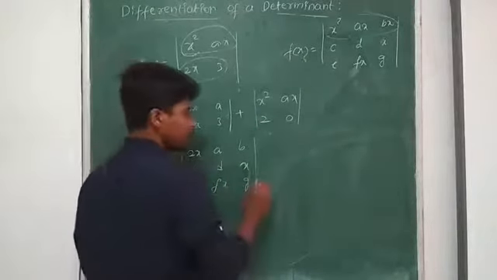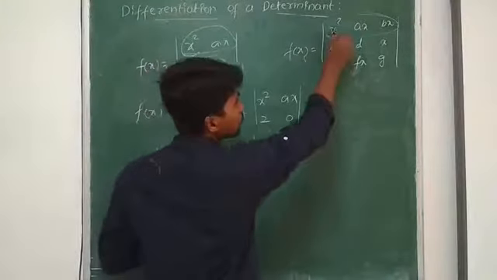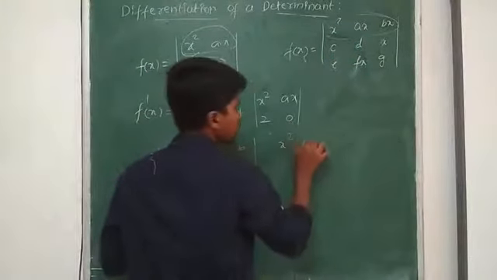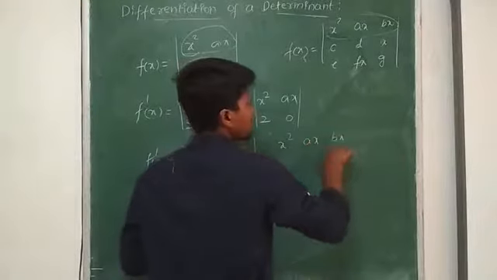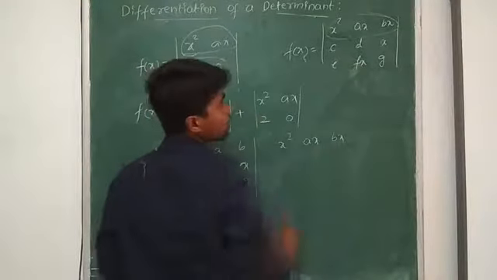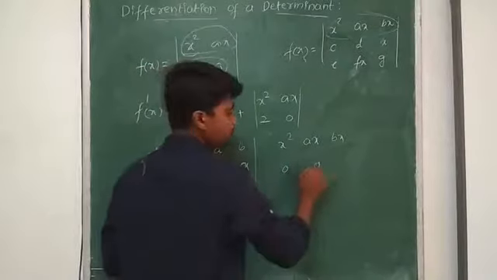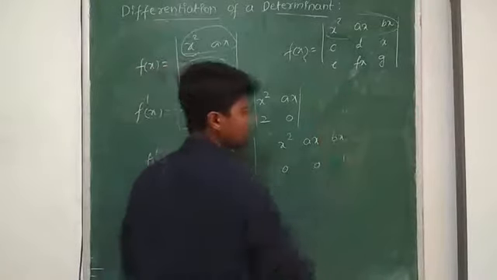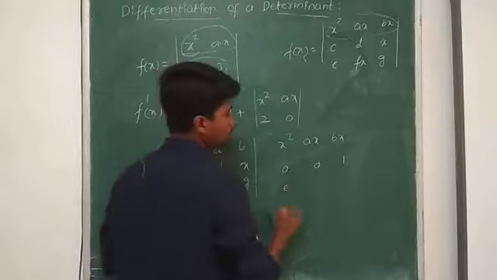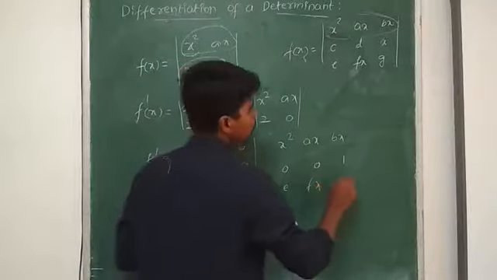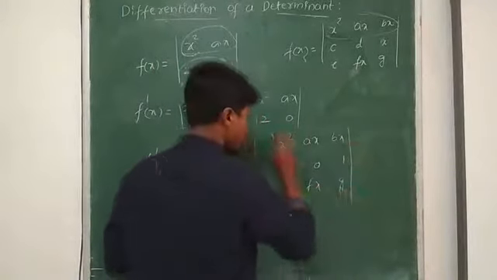Now with respect to the second row, first row unaltered x square, ax, bx, differentiation of c, d and x. C differentiation, it's a constant, 0, d differentiation 0, x derivative 1, and the third row we keep as usual, e, fx, g.